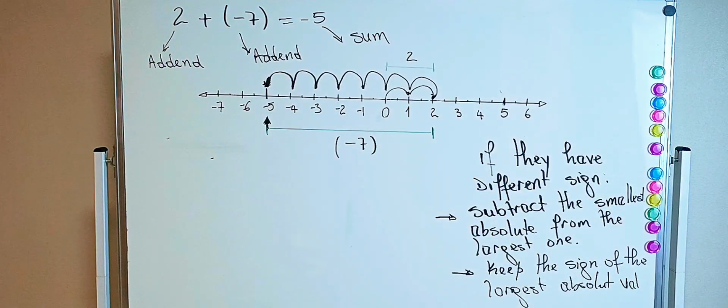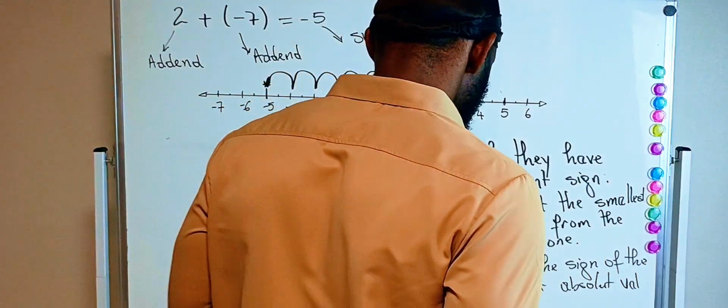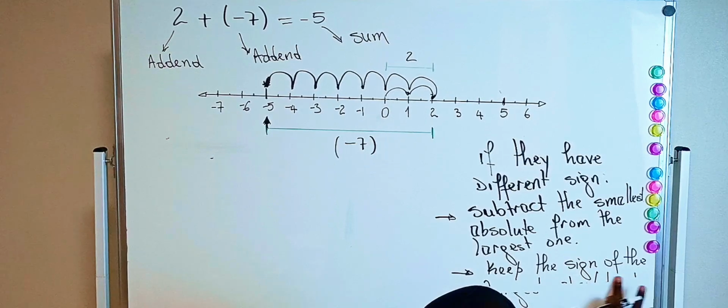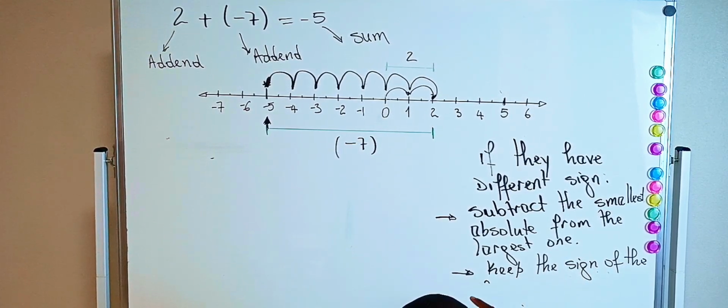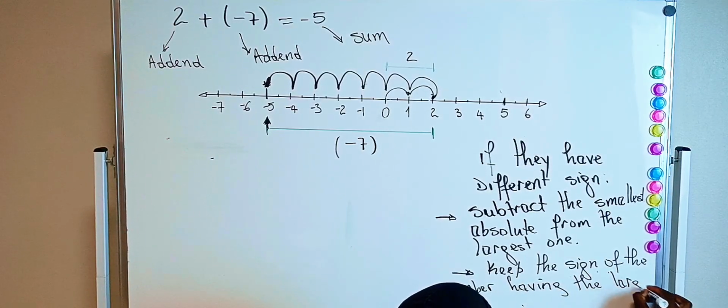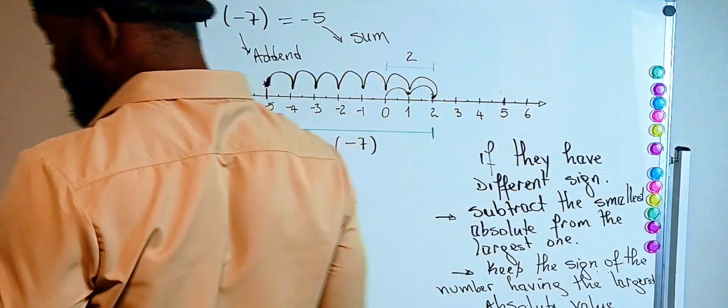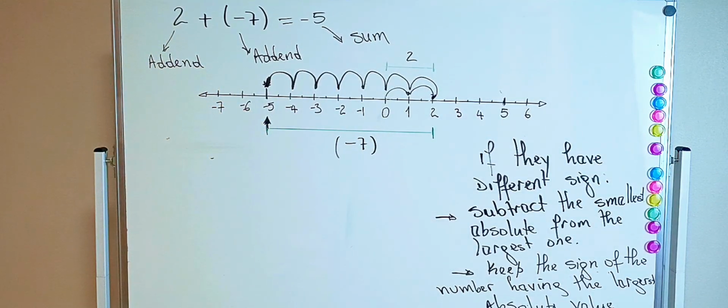What we do, guys, we subtract the smaller absolute value from the larger absolute value, and we keep the sign of the number having the larger absolute value.